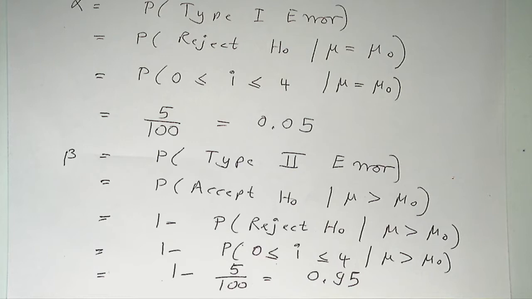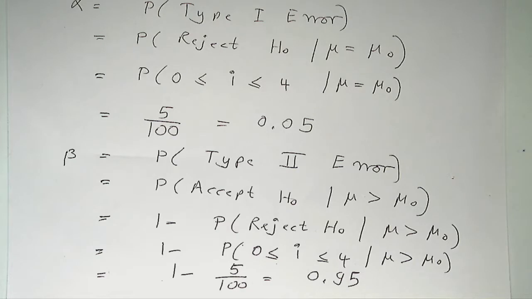Or are you lost, guys? It seems some of you are lost. Because here, whether you accept or reject the null hypothesis depends on only one thing: whether the number that turns up is between 0 and 4. And there are 100 possible values you can have, 0 to 99.